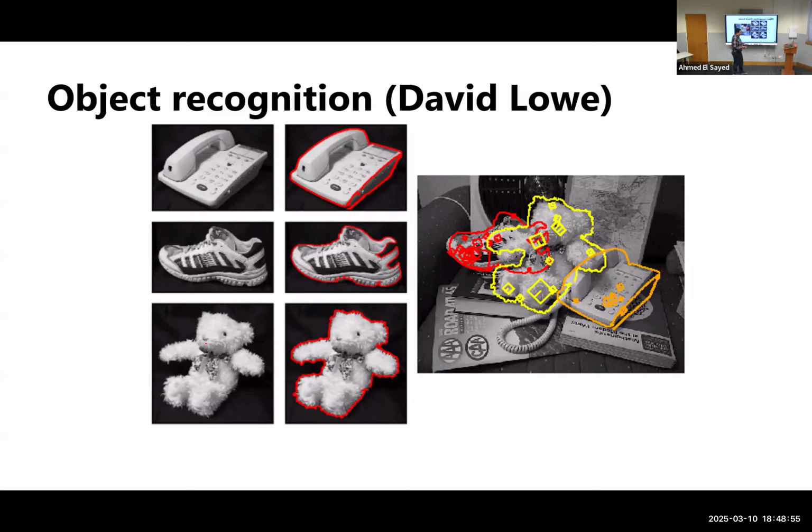Even though the object may not be 100% viewed, as you can see, the shoes here are partially covered by the bear. And the phone is partially covered also by the bear. But I still can find the match between them, even with this partial occlusion. But again, this has lots of limitations. I'm not sure if I showed you this image before, but let me show you this one.